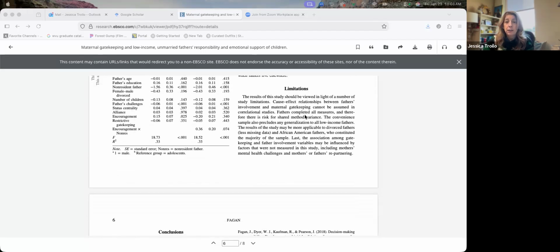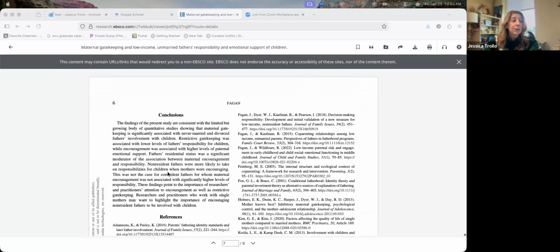The limitations section is the researcher saying, I did my best with this study, but there are some things that I missed or some things that this study just didn't address. Every study has limitations, and so you can write some of those down as well. And then you might want to take a look at the conclusions. This is the researcher just kind of closing off and then finishing, talking more about the field in general.